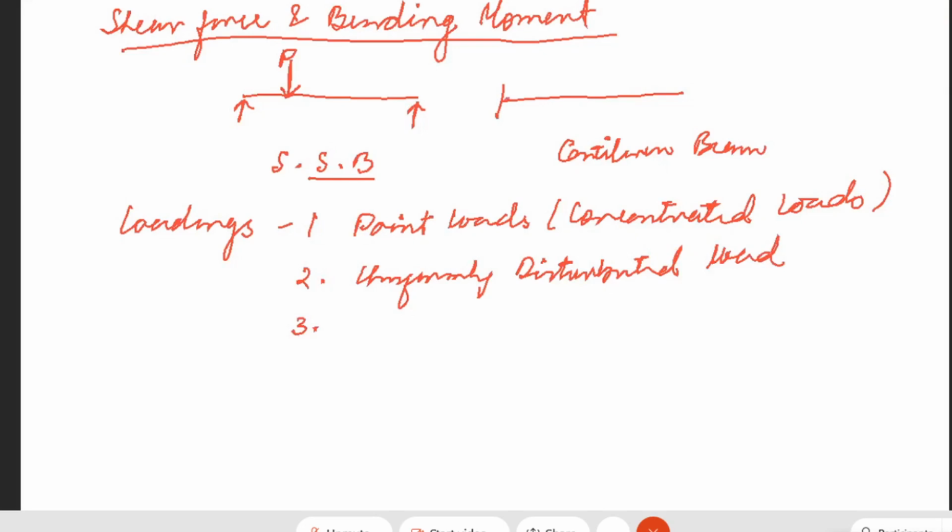A uniformly distributed load is simply a load given on any beam, whether simply supported or cantilever, which is uniformly distributed. And then we have uniformly varying load.